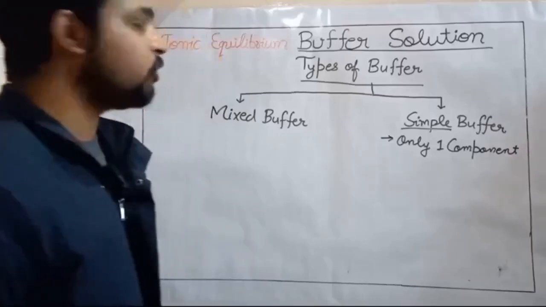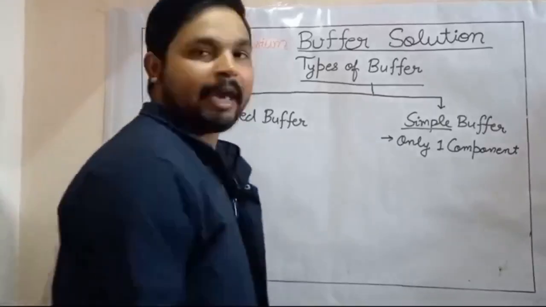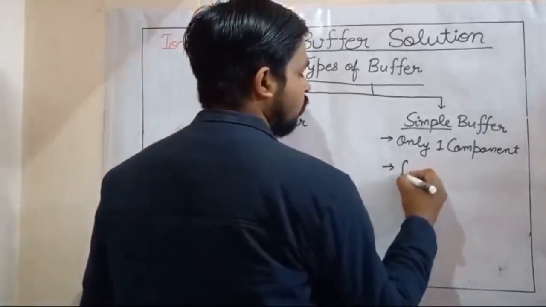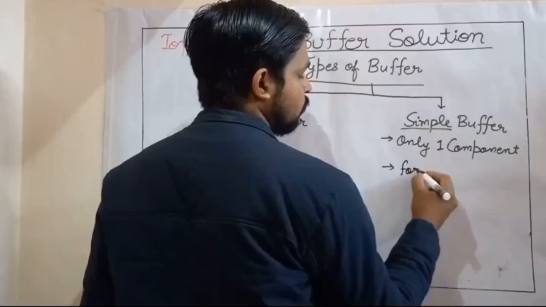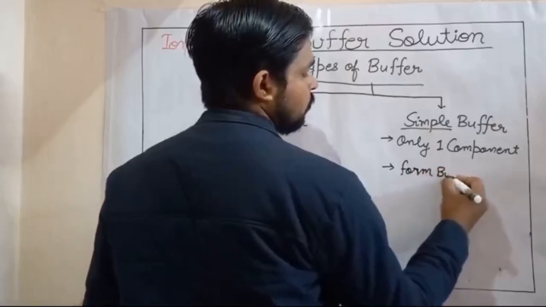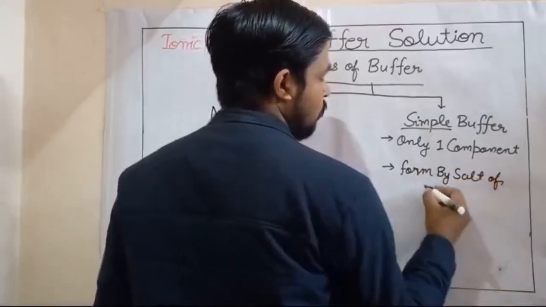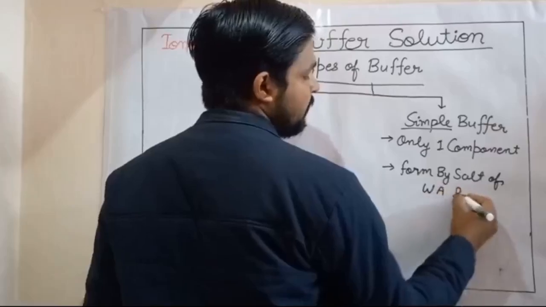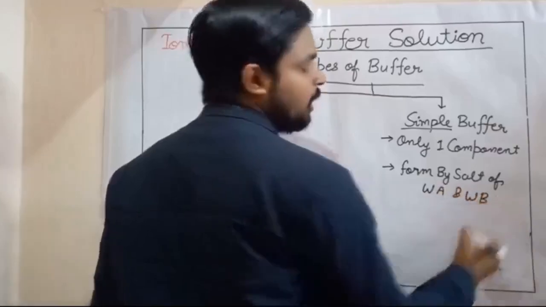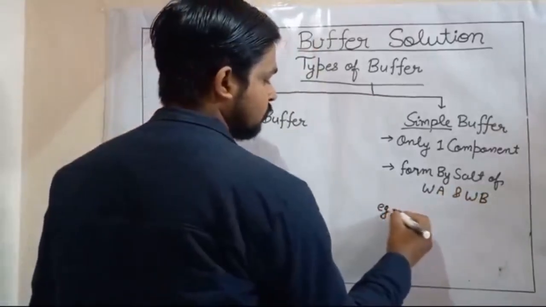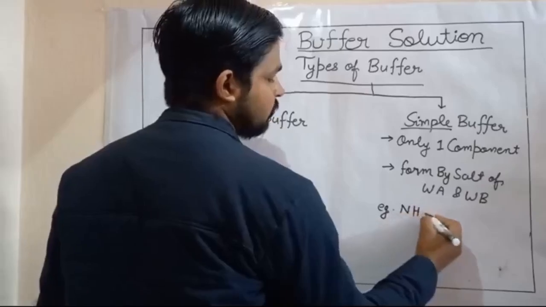Basically, it is the salt of a weak acid and weak base. For that we take the example NH4CN.